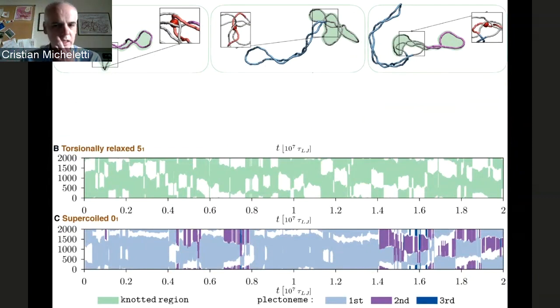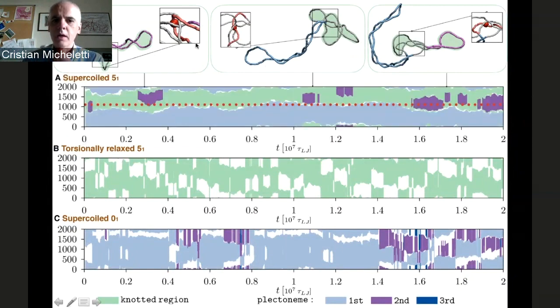And then the most interesting plot is actually one where you have both supercoiling and knotting. That is a molecule that is knotted in a pentafoil knot and also supercoiled at the same time. So for this molecule, you can simultaneously ask, where are the supercoiled regions and where is the knotted region?